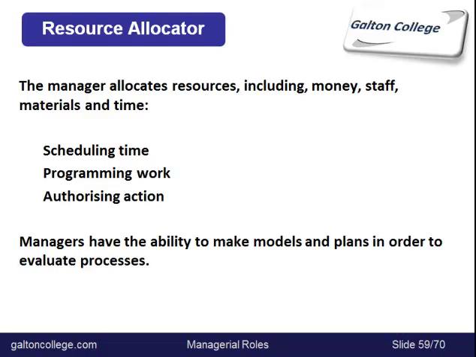The managers have the ability to make models and plans in order to evaluate processes, so they can look at the processes required and try to model these to make sure that what's being done is consistent and logical, and it meets the requirements of the customer, and it's also efficient for the organization. So they are using resources efficiently.